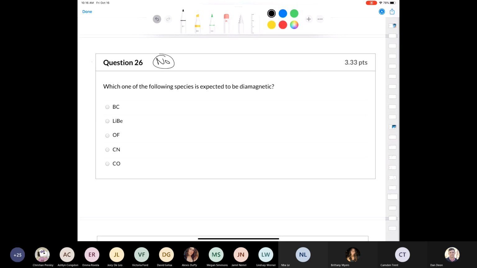Now, if we look at the total number of valence electrons for each one of these species, there's something interesting that you'll notice about them really quickly, because we're looking for something that's going to be diamagnetic. When something is diamagnetic, that means what? It's not attracted to a magnet.